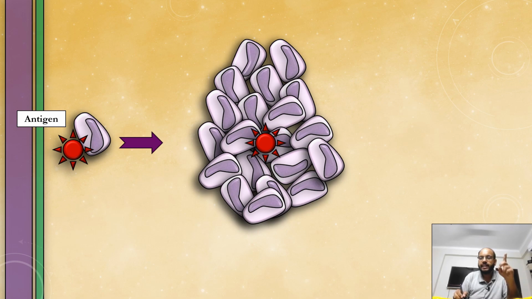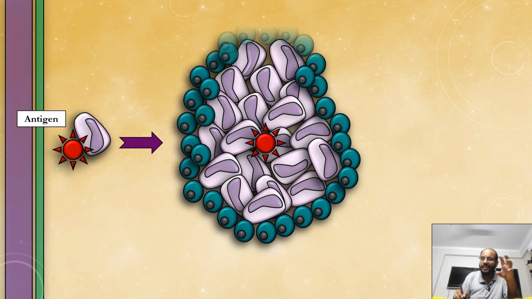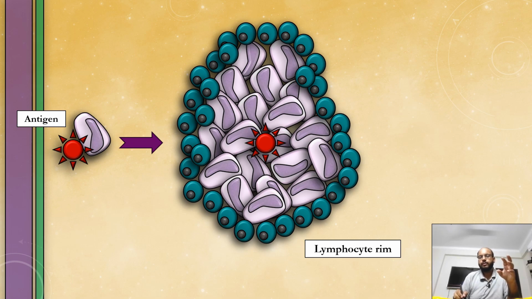That is because they are activated by inflammatory cells, namely lymphocytes. So surrounding the granuloma, you will often see a rim of inflammatory cells, and as we have said previously, the rim is most commonly made by lymphocytes. So in a granuloma, you will have a lymphocyte rim. Okay.